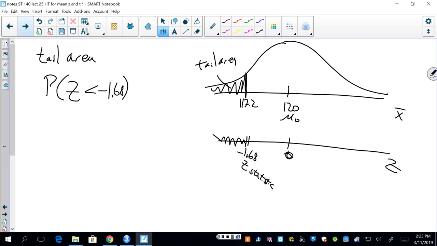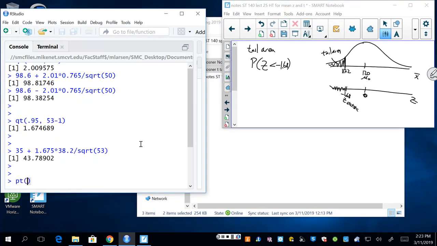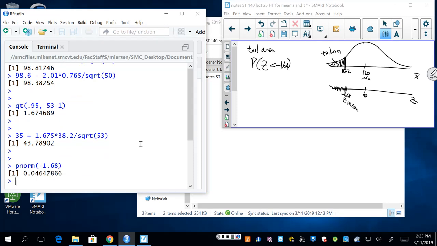Let's get it. There's a probability function for a normal, pnorm, which gives the probability that you're less than a certain value, with negative 1.68 in there. So it's 0.046.